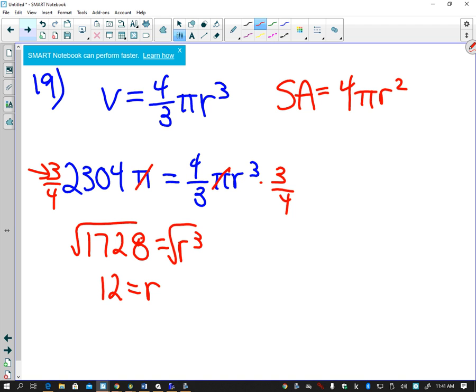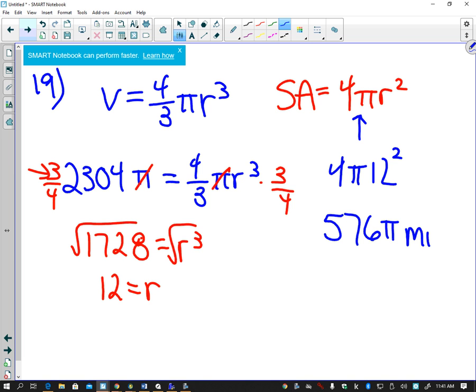We come back over here to this equation, and we type in 4 pi 12 squared. But we would just want our answer in terms of pi. I know 12 squared is 144. I want 144 times 4. So I get 576 pi, and this is in miles, and it's surface area, so it's squared. Okay? Not terribly difficult.